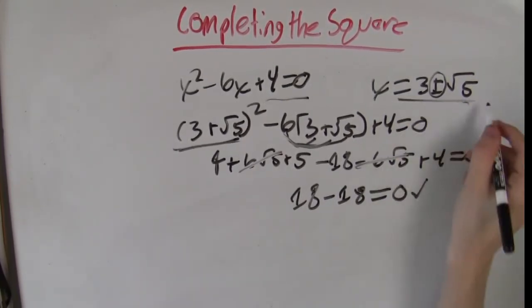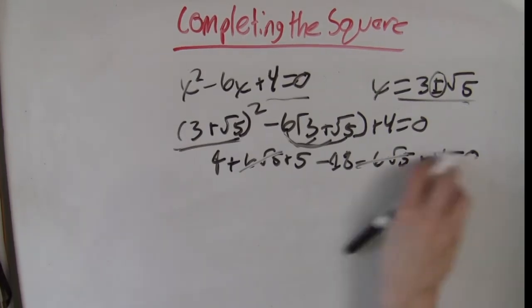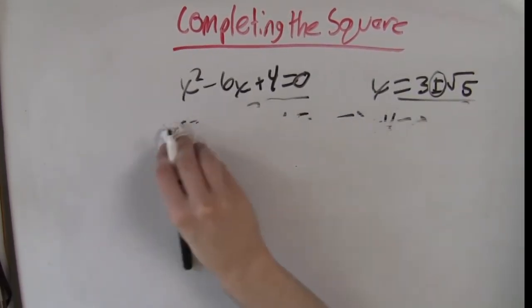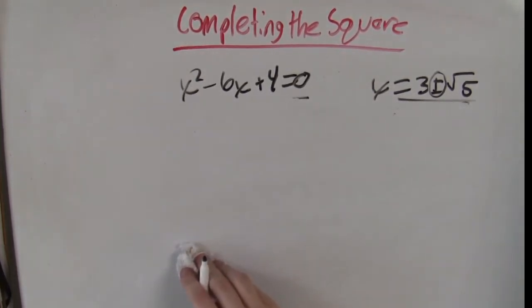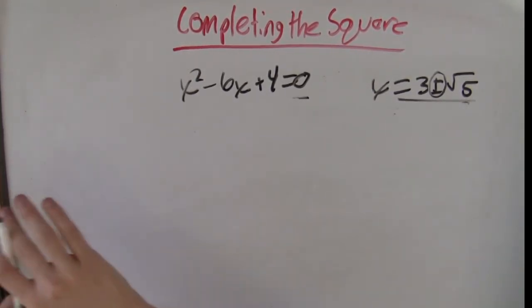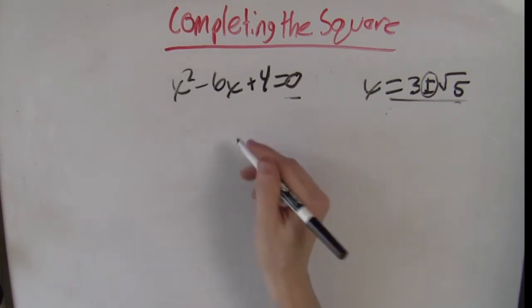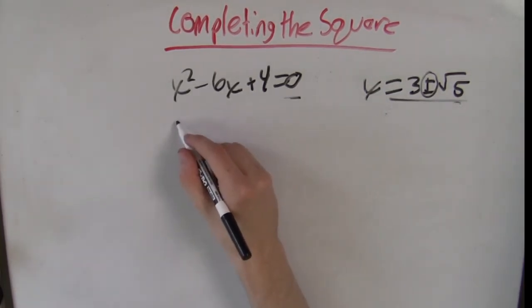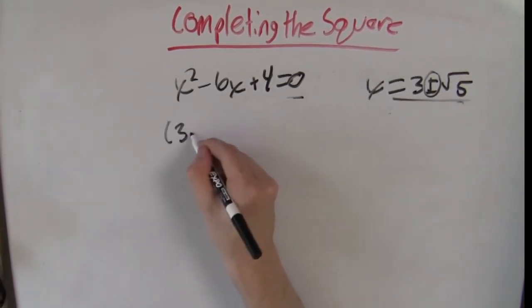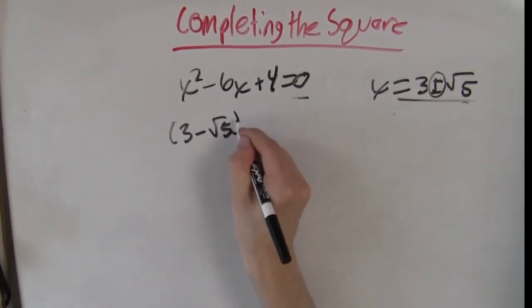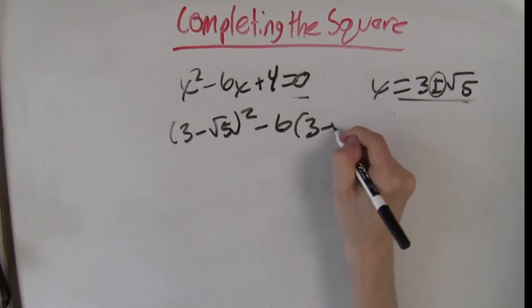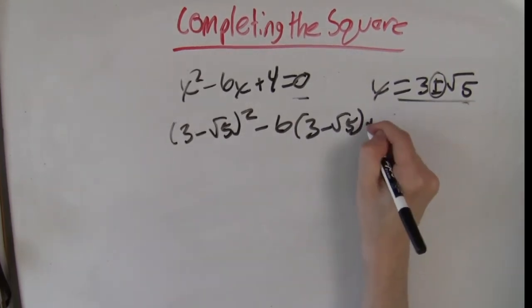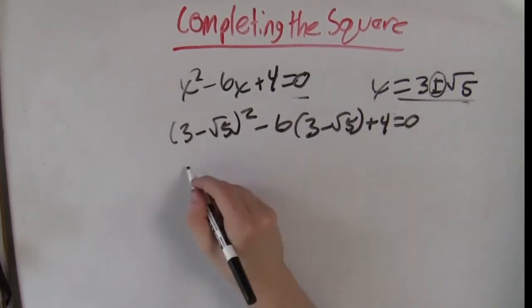So I know 3 + √5 works, but I also want to check 3 - √5 to see that it works as well, just so I know there are no extraneous solutions and that I am safe. So that's (3 - √5)² - 6(3 - √5) + 4 = 0.